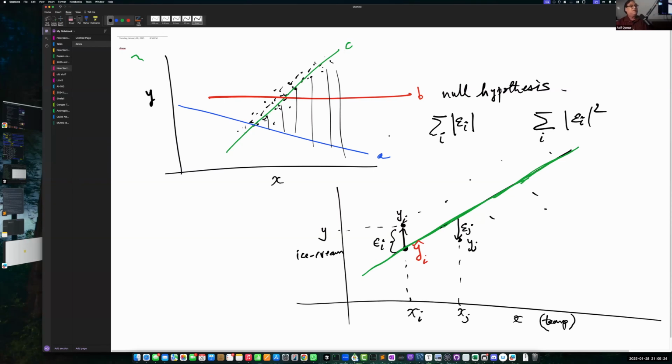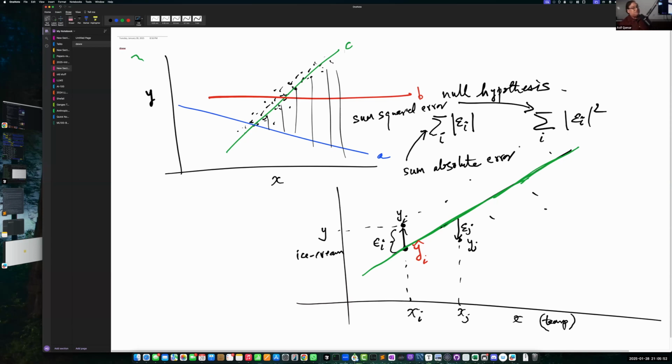This is called the sum squared error. And if you average it, sum squared error is this guy, right? And this is called the sum absolute error. Does that make sense? Because you're taking the absolute values.